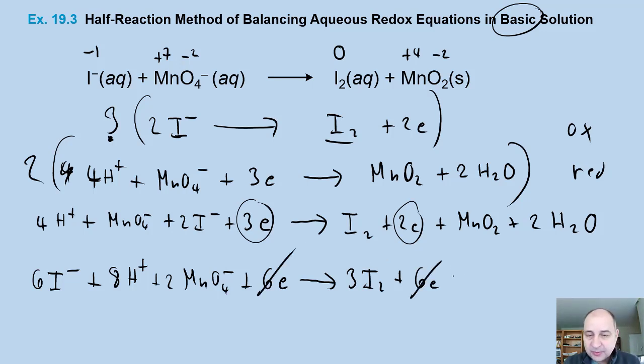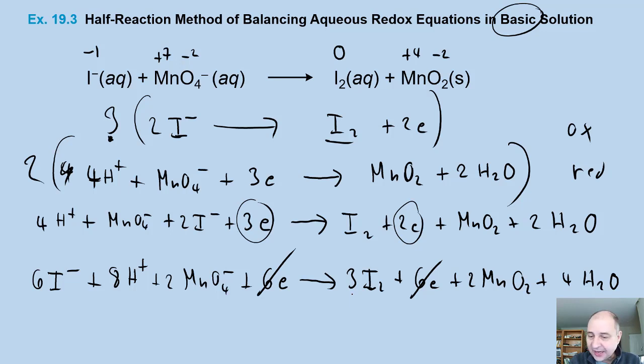And then I'm multiplying the reduction reaction by 2, so I'm on the product side already. So I need 2 manganese oxides and then 4 water molecules. But unfortunately I am not done, and you can also check your charges at this point and your total atom count. I'll let you do that yourself.